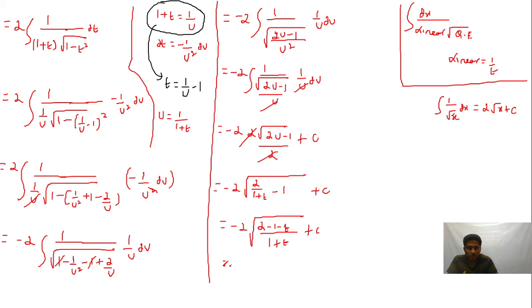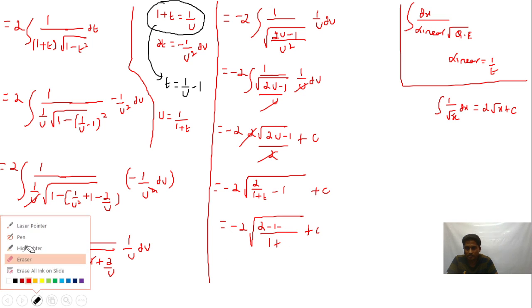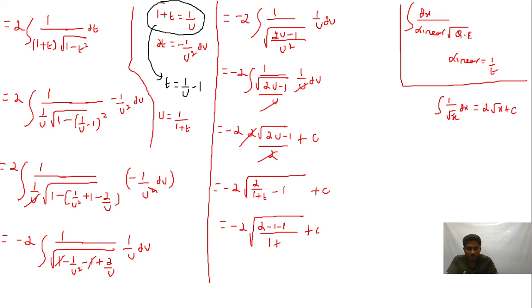So this is equal to minus 2. Okay, so this is t, even this will be t, minus 2 into root of 1 minus t upon 1 plus t and plus c. Okay, what's the value of t, guys?